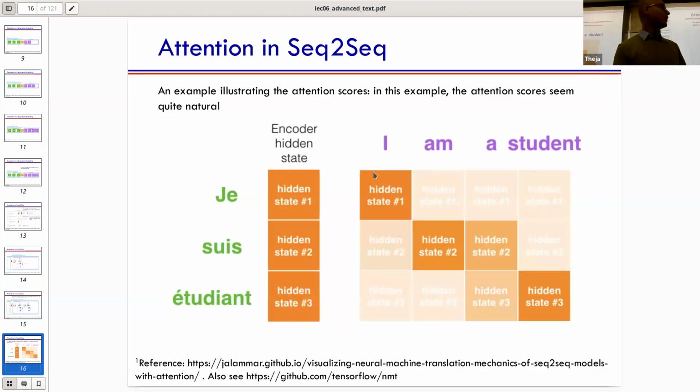You can see here that for this sentence, while producing the first word, I just need to focus on the first word of the input. Similarly, when I'm producing the last word, I just need to look at the last word. But you can imagine sentence pairs where the word positions are completely different, and then you'll see a different pattern.